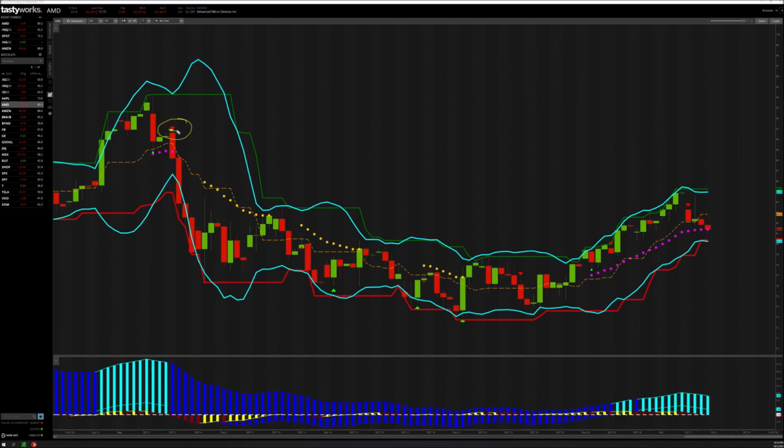This arrow here is a sell, and John Carter's is basically ready, aim, fire. This is what this indicator is.